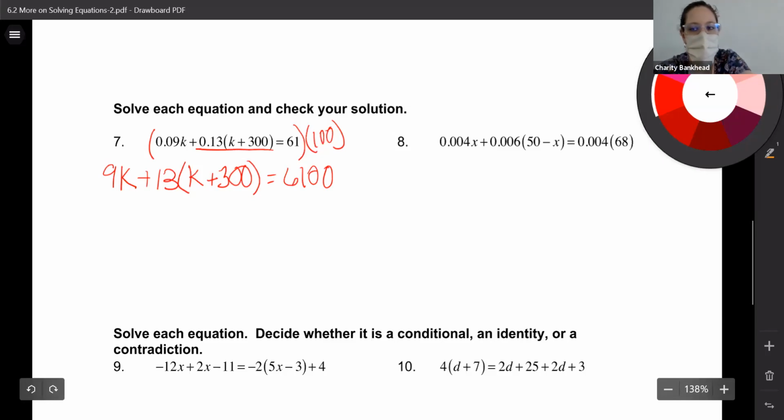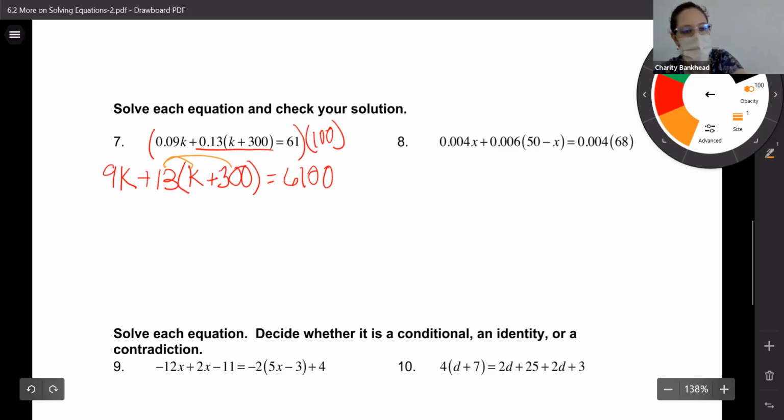All right, so now we got rid of the decimal. Now let's simplify by distributing that 13, so it's 13K plus, and then this would be 3,900. And I'm going to bring the rest of it down.